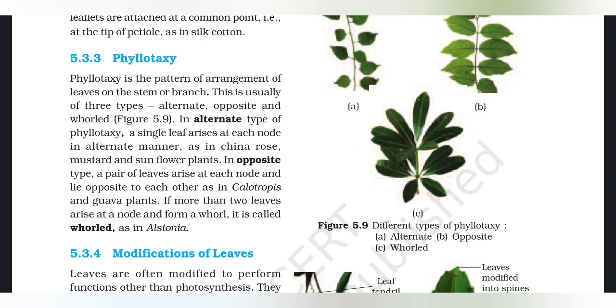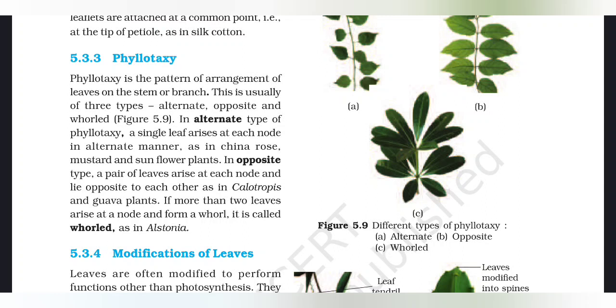Phyllotaxy. Phyllotaxy is the pattern of arrangement of leaves on the stem or branch. These are usually of three types: alternate, opposite, and whorled. In the alternate type of phyllotaxy, a single leaf arises at each node in alternate manner, as in China rose, mustard, and sunflower plants.